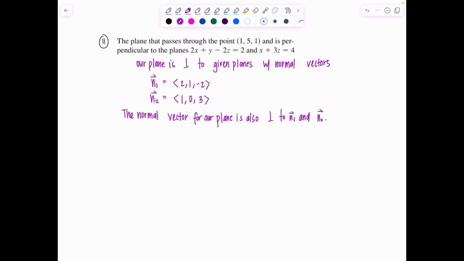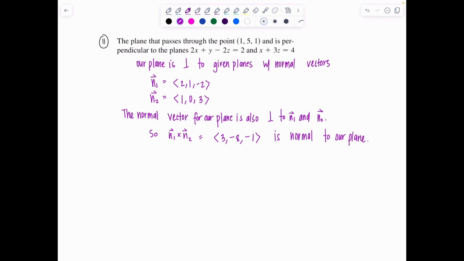So if I just take their cross product, then I will have a vector normal to our plane. So let's find n1 cross n2. And let's see, that's just going to be 3. Next component's going to be -8 and -1. This vector is normal to our plane.